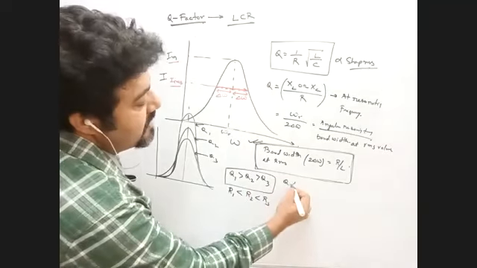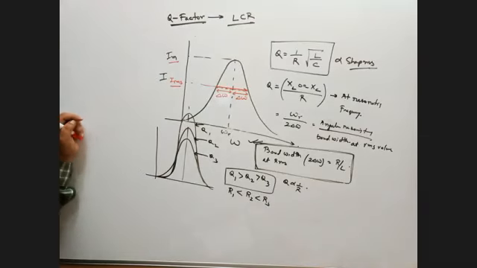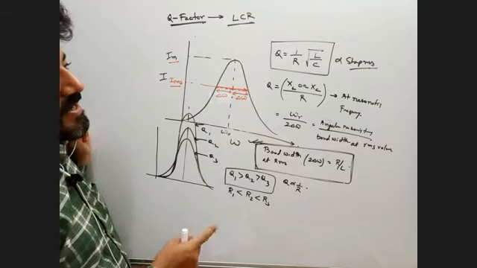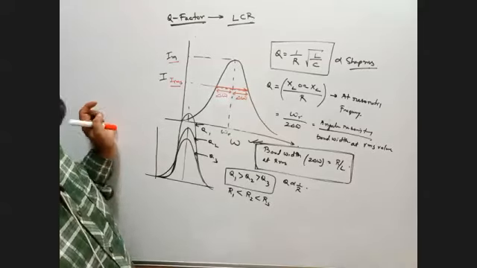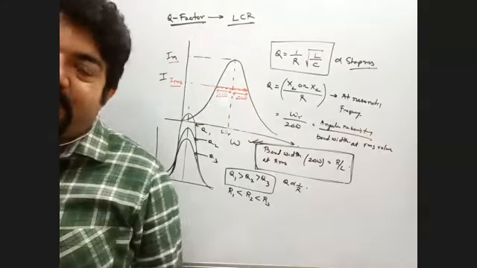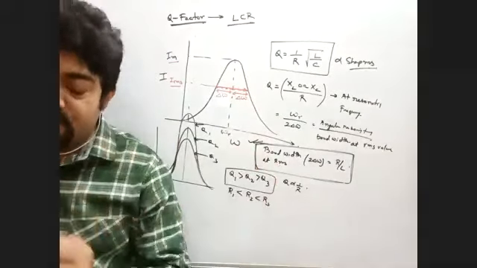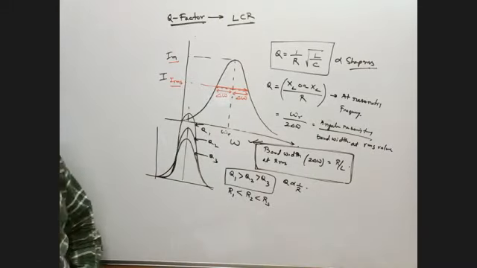Because Q is inversely proportional to R. So they can ask you resistance, they can say R and C are same, then how their inductors are different. So obviously directly proportional. So L1 greater than L2 greater than L3. If they say R and L are constant, how their capacitance depend, inversely proportional again. So C1 less than C2 less than C3. So they can ask you this type of question from this Q factor.